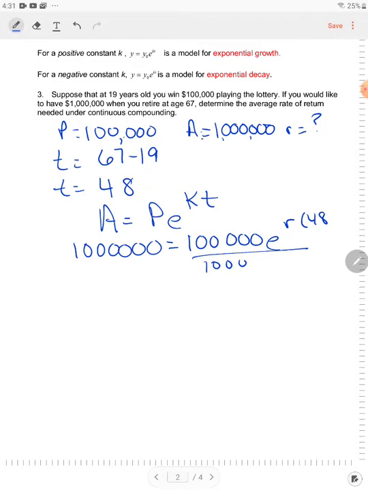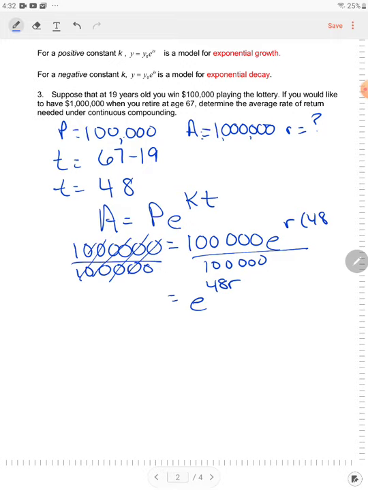Divide by 100,000. So e to the 48r. So again, I can mark out the zeros, dividing by tens. And we should get 100. Let's see. That's only 10,000, which means I did not type it in correctly.